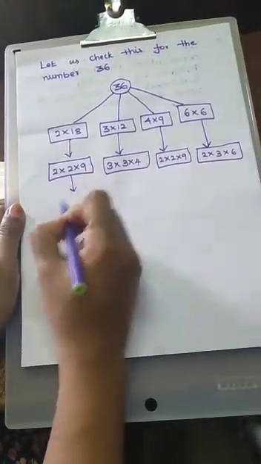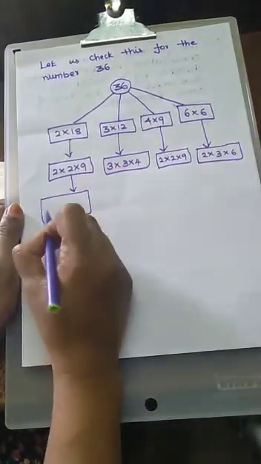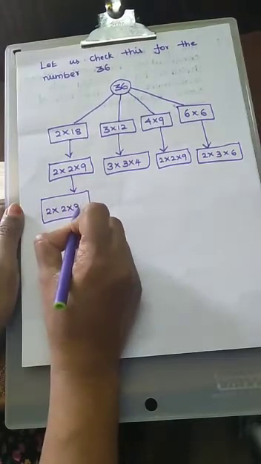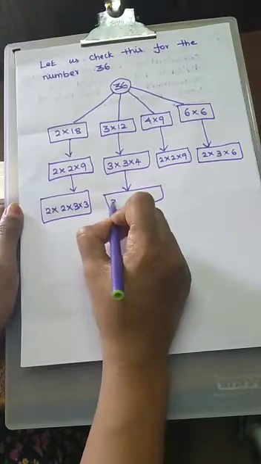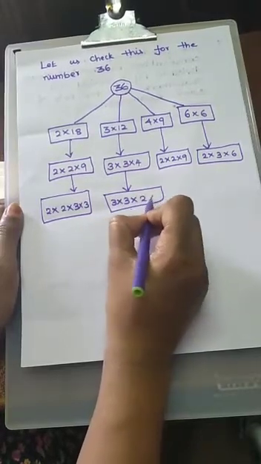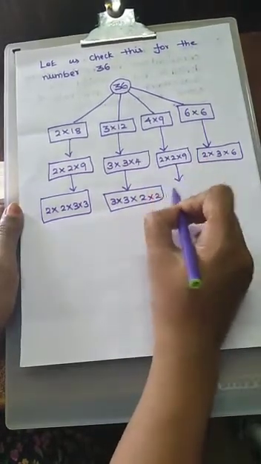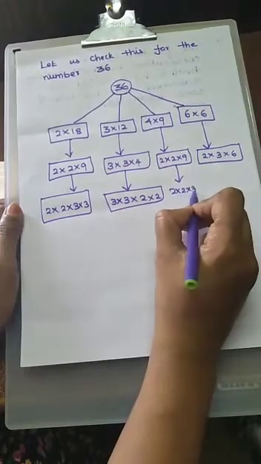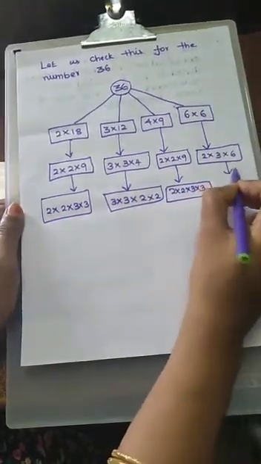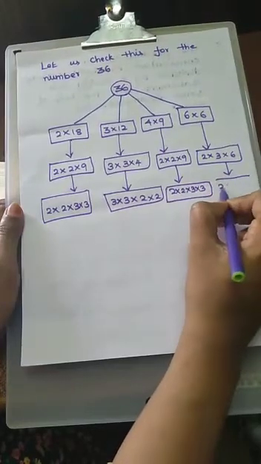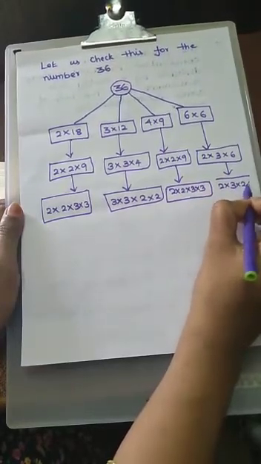Again we have to split the number. 2 into 2 into 3 into 3. The next is 3 into 3 into 2 into 2. Next 2 into 2 into 3 into 3. We have to split the number using this pattern. Next 2 into 3 into 2 into 3.